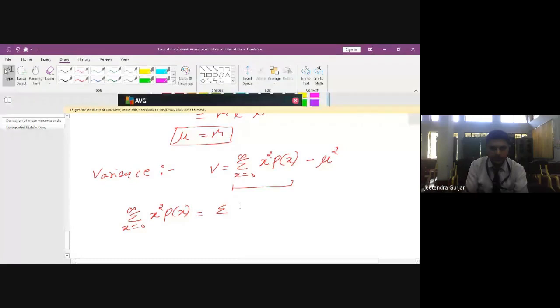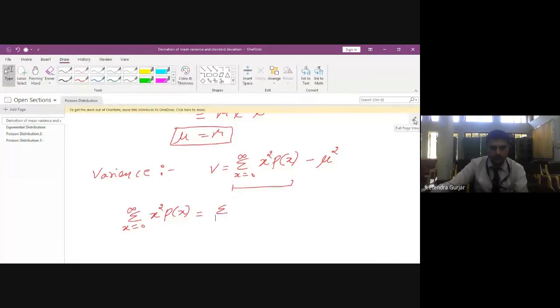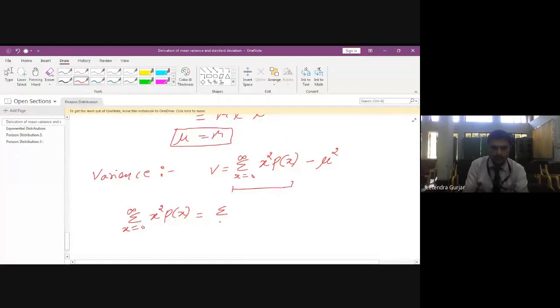What is that? Instead of taking this x square, I will just substitute like this, plus or minus x. So I'm just going to do minus x plus x, means it is again 0 only. So please remember this. I can just substitute the values here.